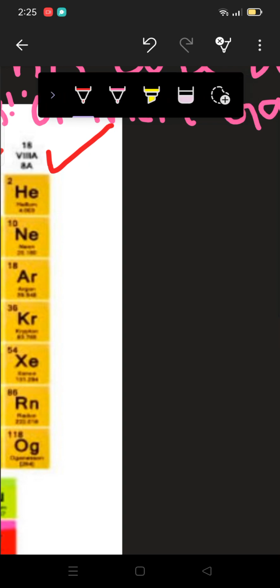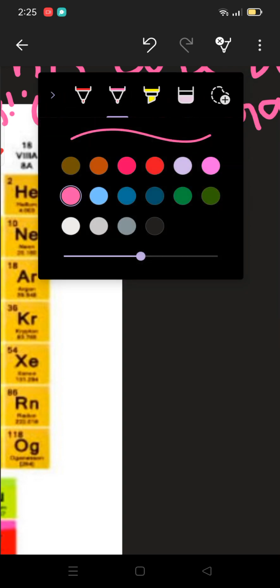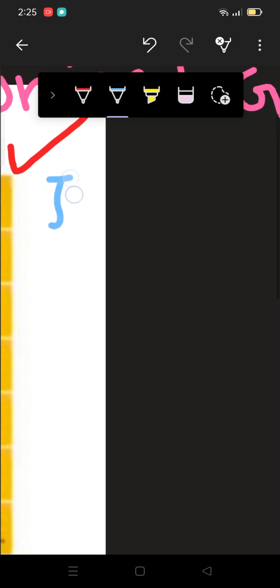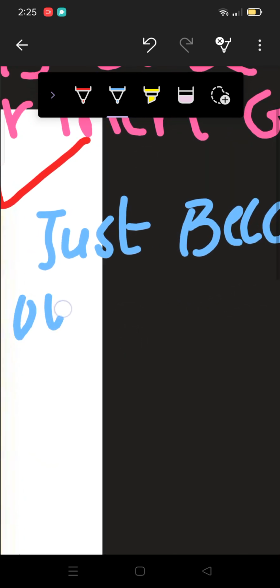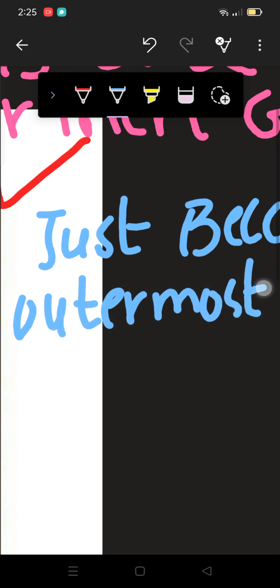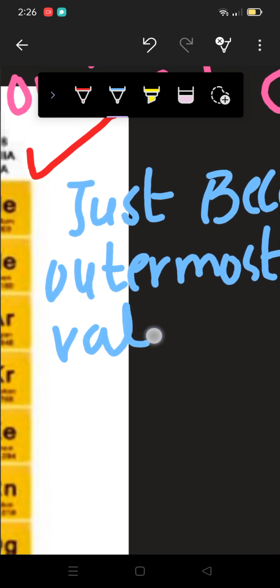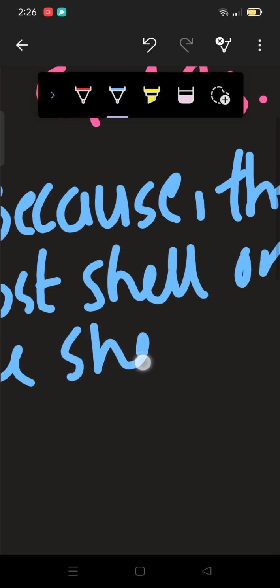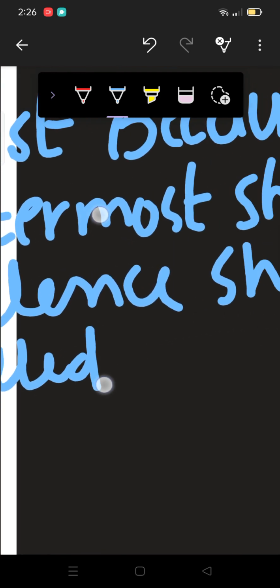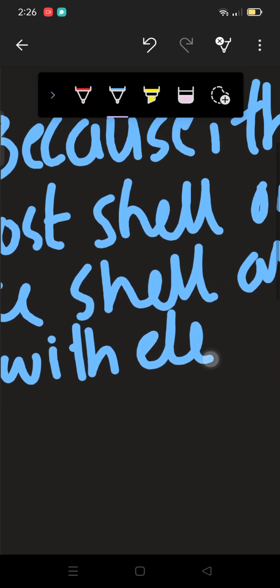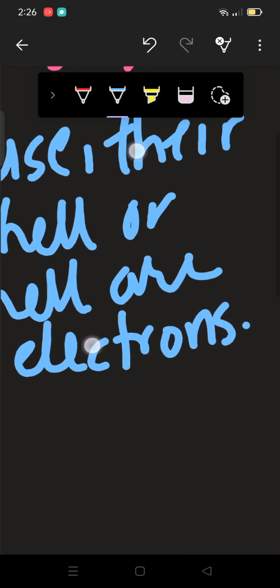So I should write down here why they have gotten the noble gas name: just because their outermost shell or valence shell is filled with electrons, and they don't need to react with any other element in order to make themselves stable.